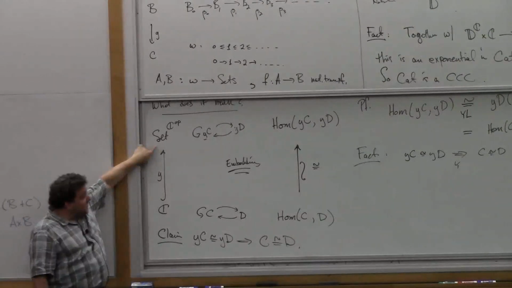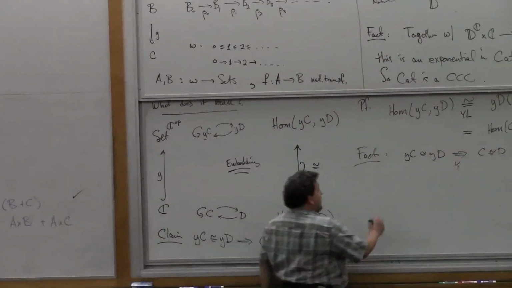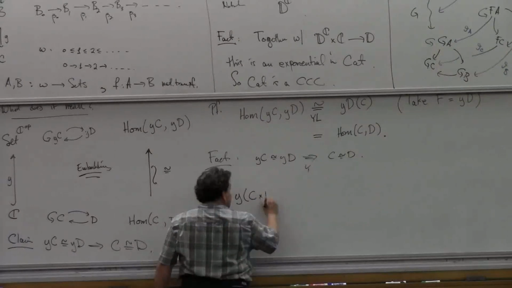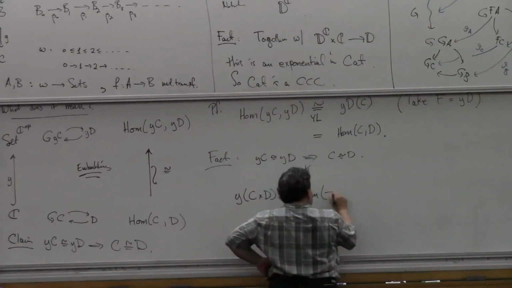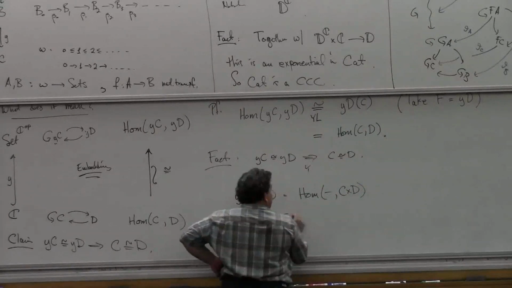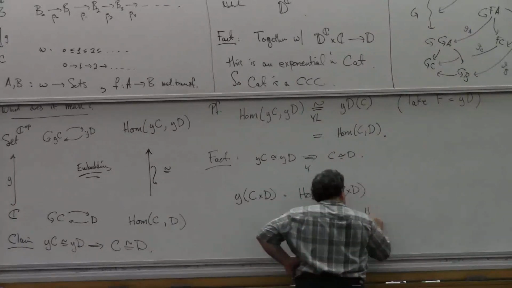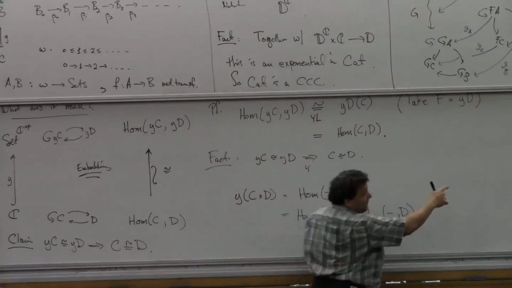So, for example, if C has finite products, then the Yoneda embedding of C cross D, well, what's that? That's halm blank C cross D, but we just checked that that's halm blank C cross halm blank D.